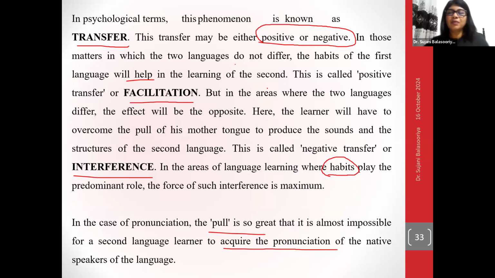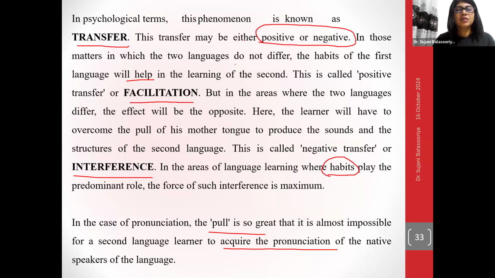So therefore, rather than acquiring a language which is totally different from the mother tongue, it is easy for us to acquire or learn a language which is similar to the structures of the mother tongue. So I took examples from the languages you are familiar with in our country, right?